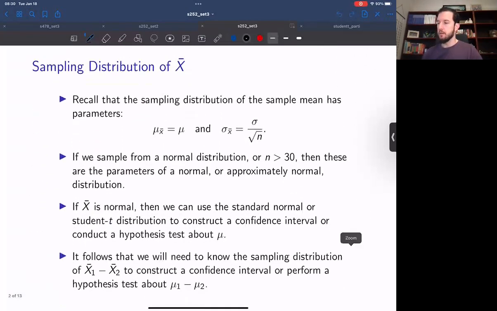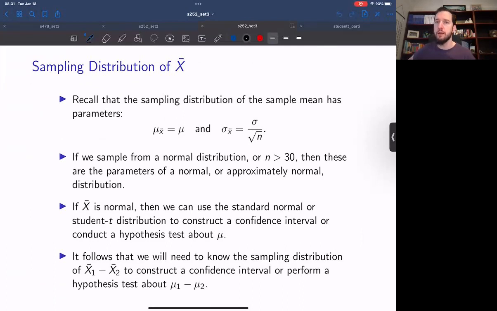In lecture set number 2, where we reviewed one sample inferential procedures, the confidence interval and the hypothesis test were constructed using the sampling distribution of the sample mean.